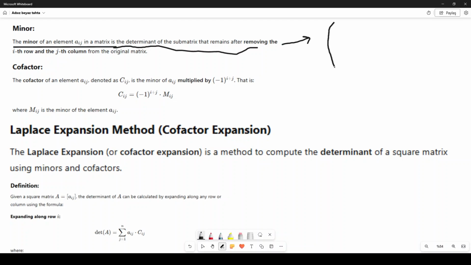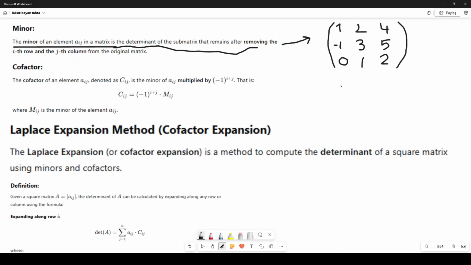Suppose we are given a matrix: 1, 2, 4, then -1, 3, 5, and then 0, 1, 2. Suppose this is the matrix given to us.